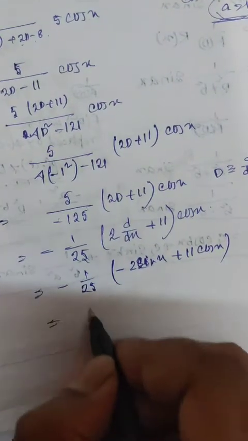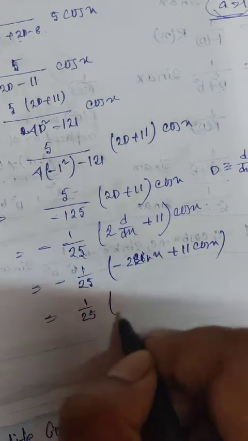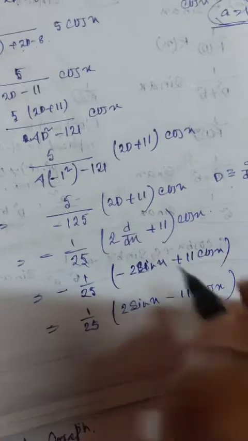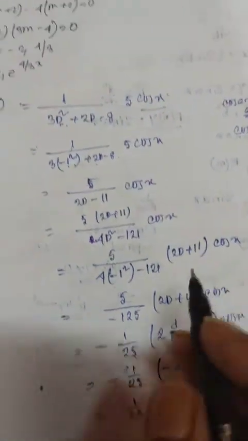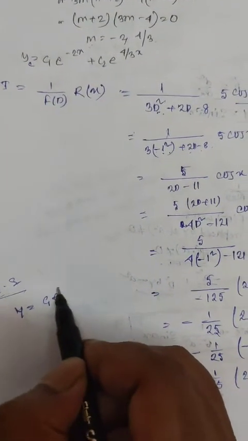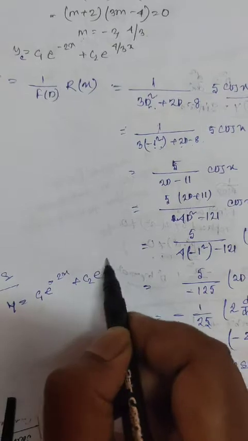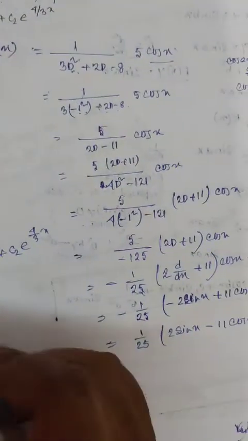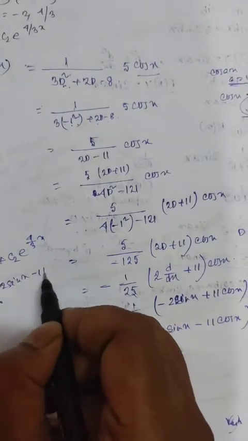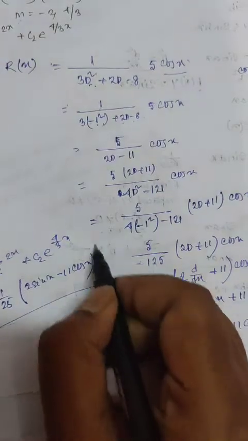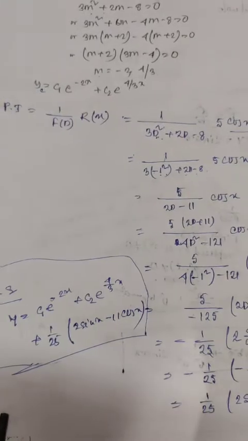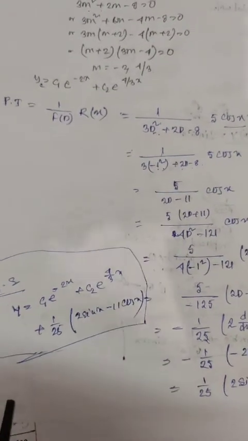And if we simplify more, we get 1 by 25 times 2 sin x minus 11 cos x. So the general solution is y is equal to c1 e to the power minus 2x plus c2 e to the power 4 by 3x plus 1 by 25 times 2 sin x minus 11 cos x. I hope you understand how we solve the general solution of this equation. So thank you for watching the video.